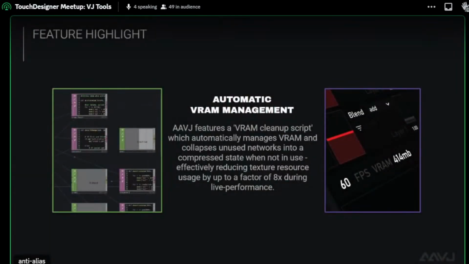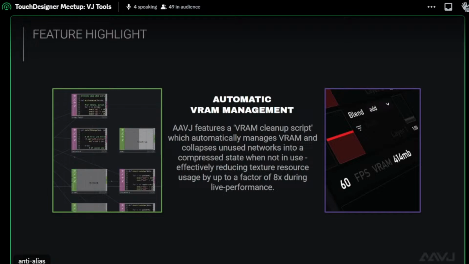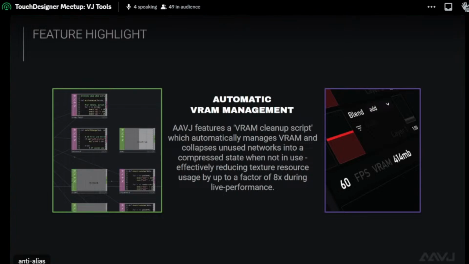One more key feature that I created after being limited by my hardware for a long time was VRAM management. After lots of learning Python and Python scripting and digging through the forums, shout out Matthew Reagan and all sorts of other amazing developers on those forums.